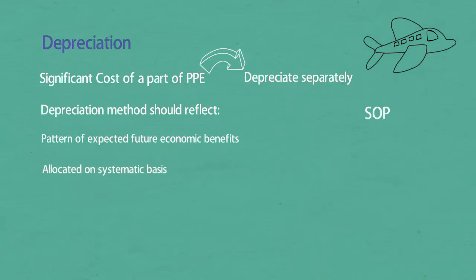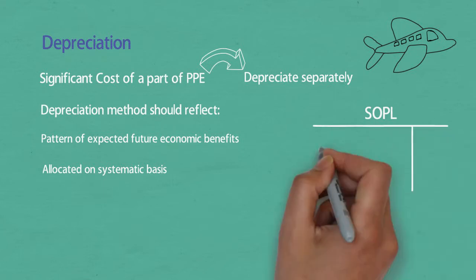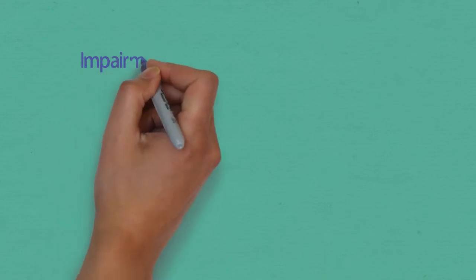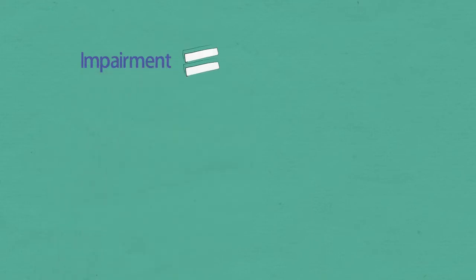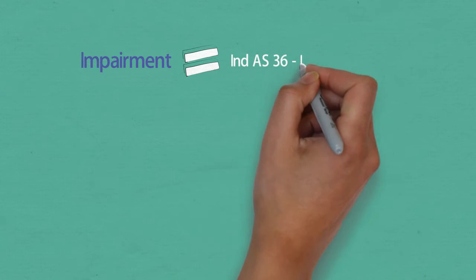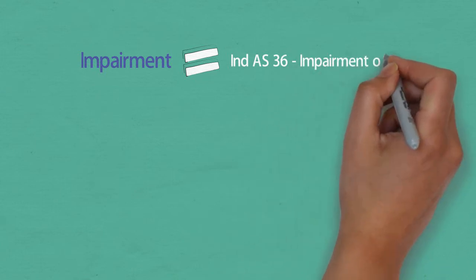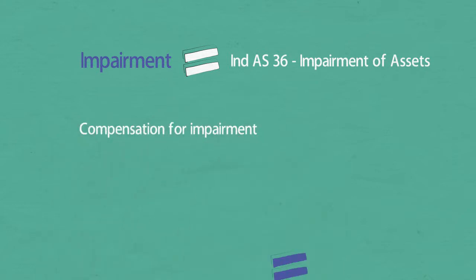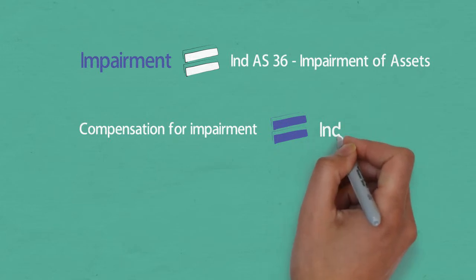Such depreciation determined in accordance with Ind AS 16 should be charged to profit or loss for the year. Impairment of PPE shall be determined in accordance with Ind AS 36, Impairment of Assets. Thus, impairment provisions are present under Ind AS 36 and not under Ind AS 16. However, Ind AS 16 provides guidance regarding compensation for impairment.